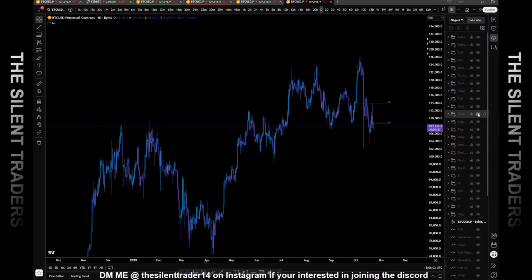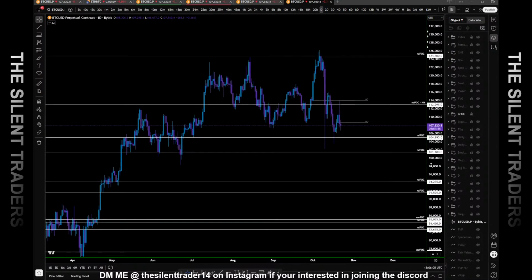So this next file, this is called naked points of control. So you'll see that I have monthly POCs marked, weekly POCs marked, and daily POCs. And what a naked point of control means is after that high volume node was created, you never went back to test that high volume node. So they're amazing targets.